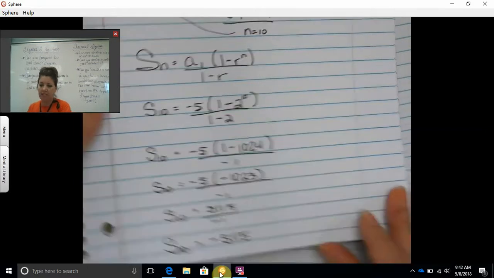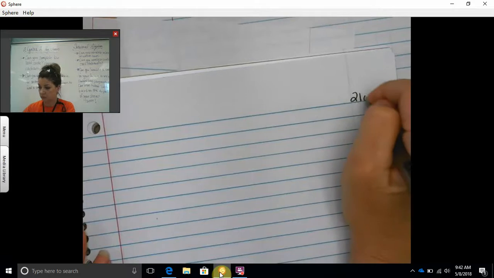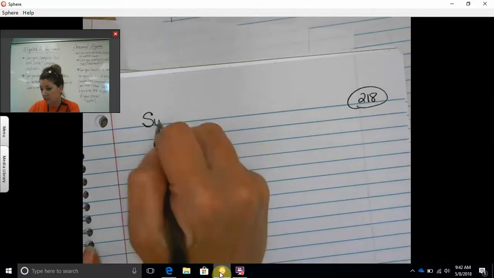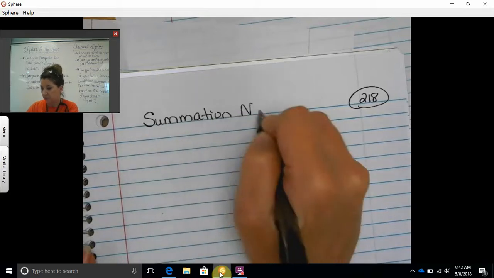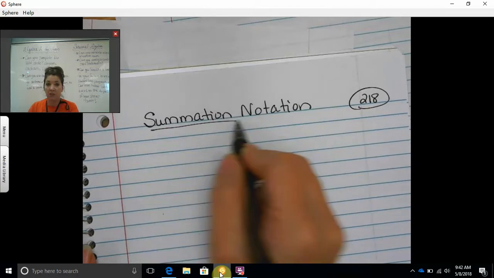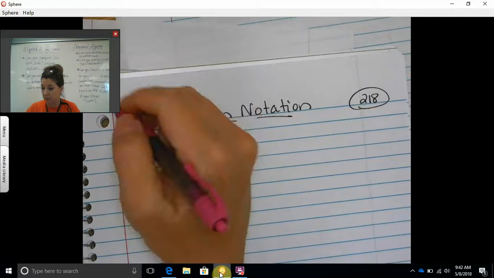So page 218. This is called summation notation. There's arithmetic and geometric summation notation, and we're doing the arithmetic first.